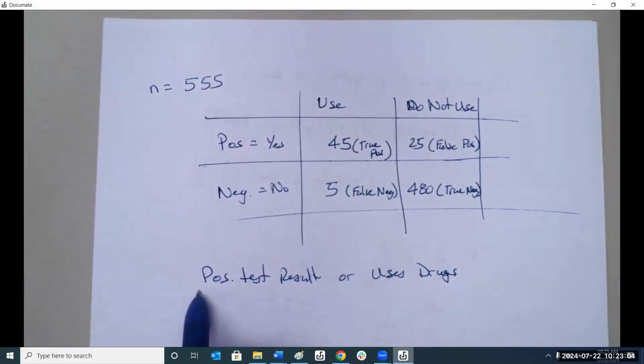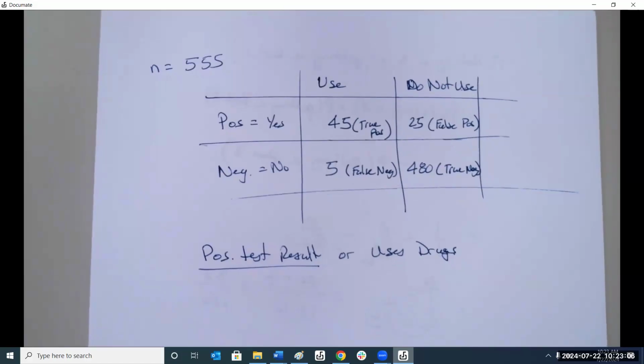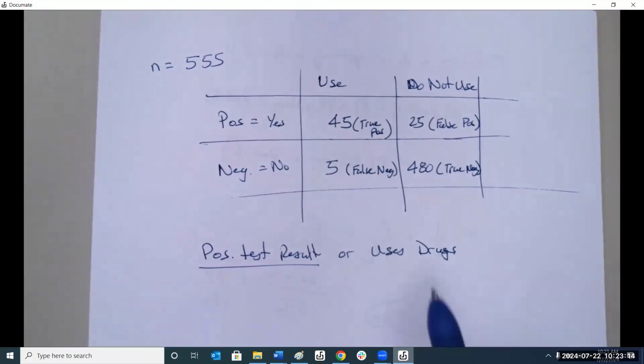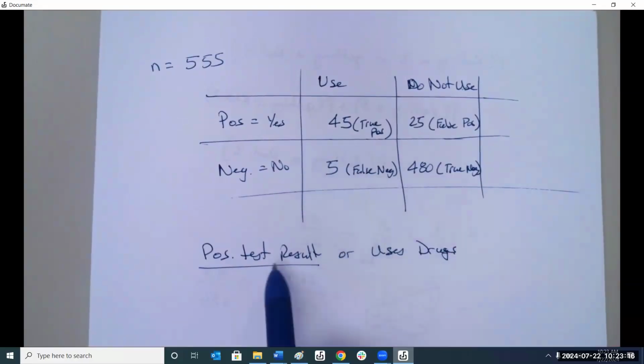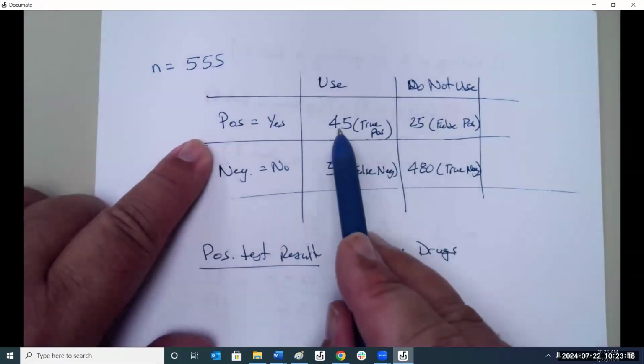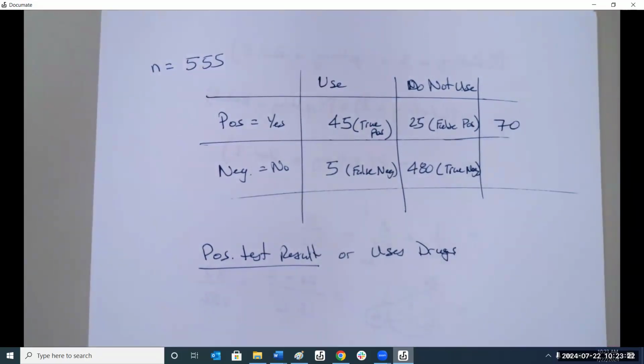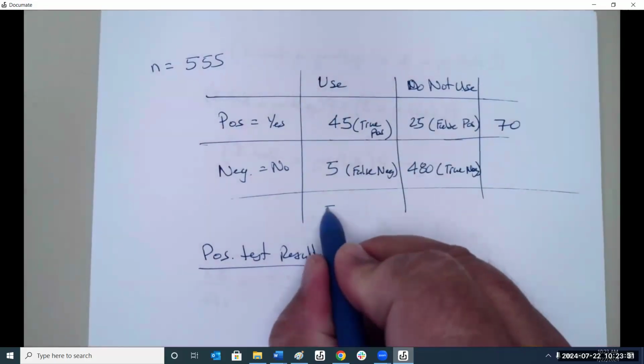The first one should be pretty easy. Positive test results, how many of them were there? For the positives in the first row, we had 45 plus 25, which was exactly 70. How many people said they used drugs? There's 50.